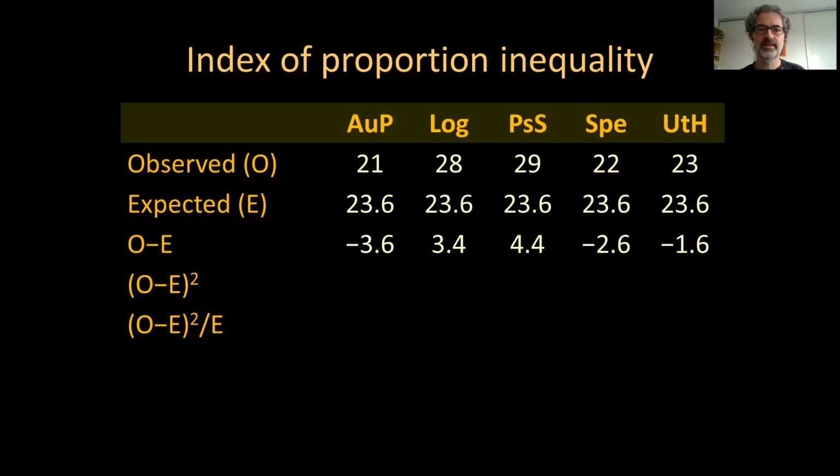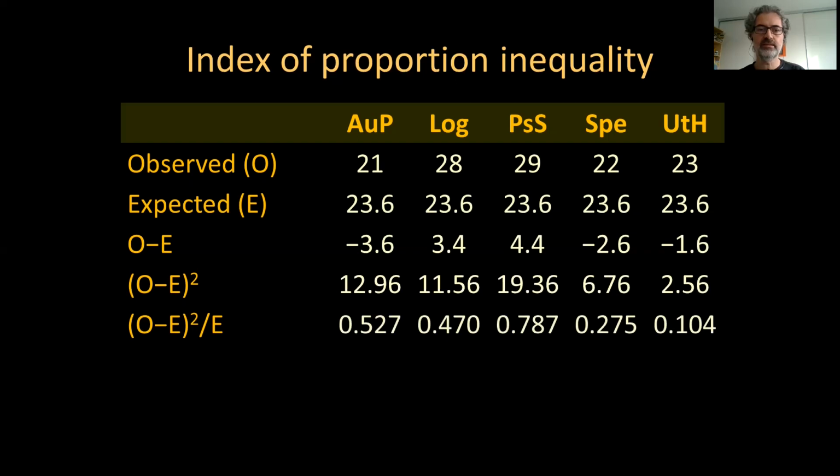So we multiply them by themselves, and we obtain these numbers. And then we divide each number by the corresponding expectation. So divide this by the expectation. We divide this by the expectation. This one by the corresponding expectation, and so on. And these are the results.